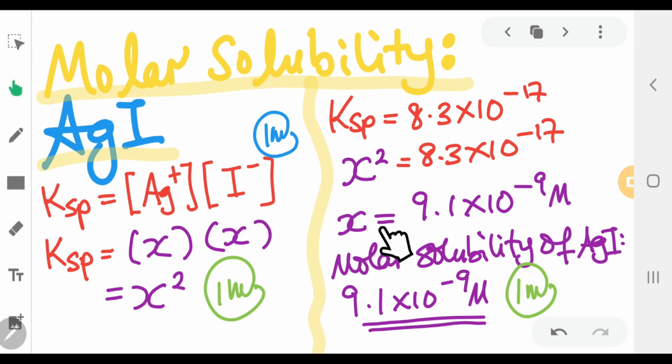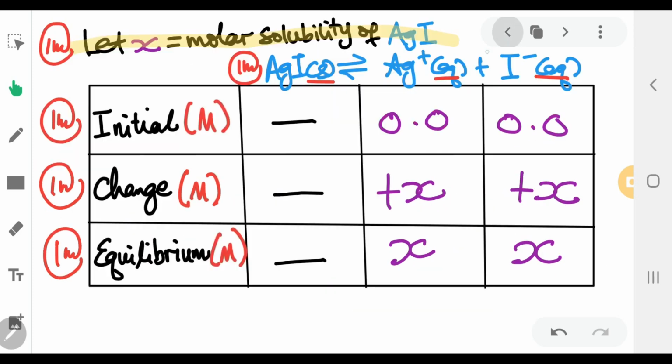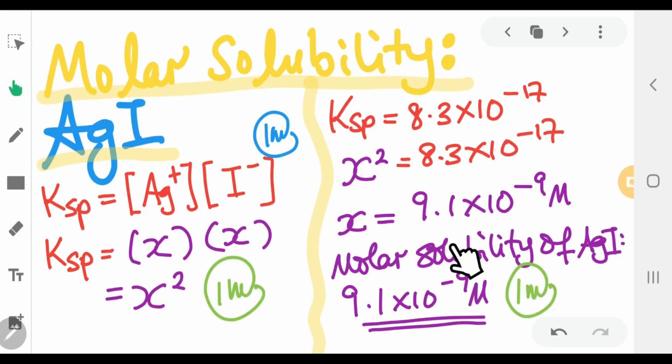We assumed this X just now, so by finding the value of X, we have assumed that to be equal to the molar solubility. This is the reason why the statement "let X..." that you write together with your ICE table is very important, because from there we can justify why the molar solubility of your compound is equivalent to the value that you have worked out through this step.